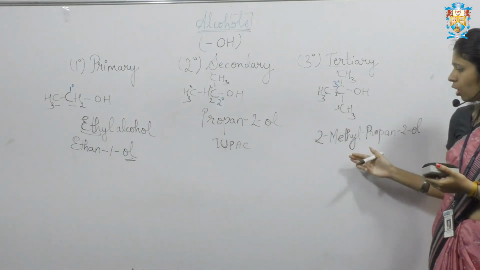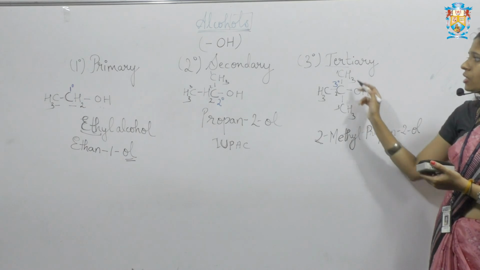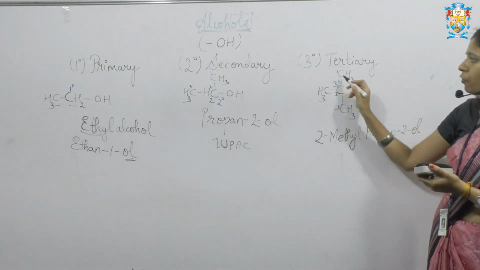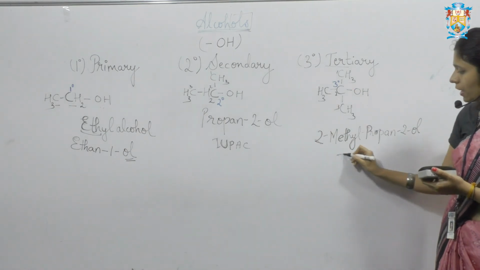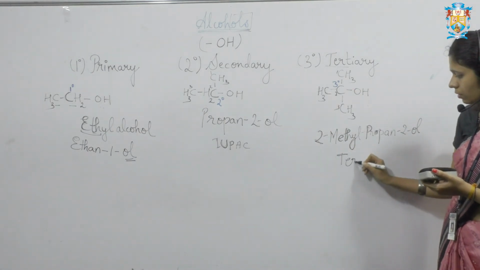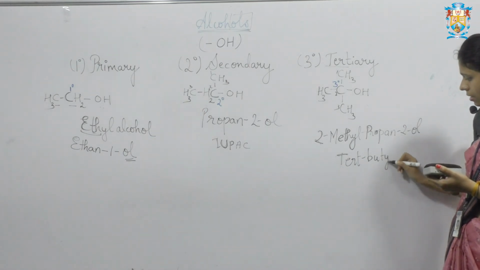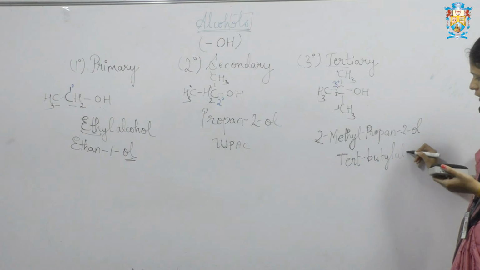If I want to write the common name, I can simply write tertiary alcohol, or I can write tert-butyl alcohol, since there are 4 carbon atoms in all.